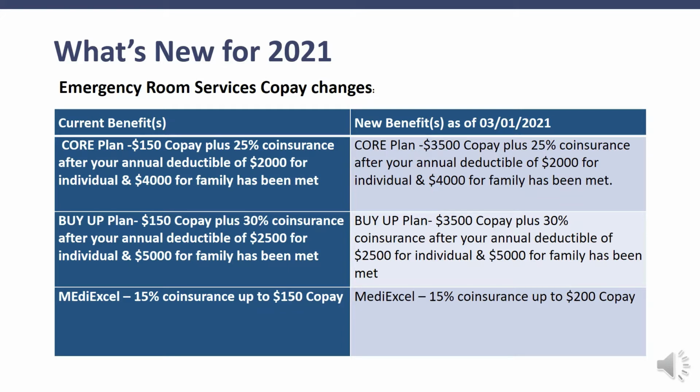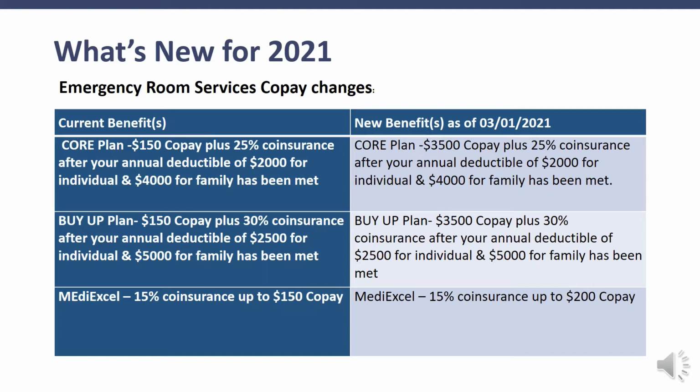As of March 1st, 2021, your core plan copay for the emergency room is going to be a $3,500 copay plus 25% coinsurance after you have met your deductible of $2,000 for individual and $4,000 for family.